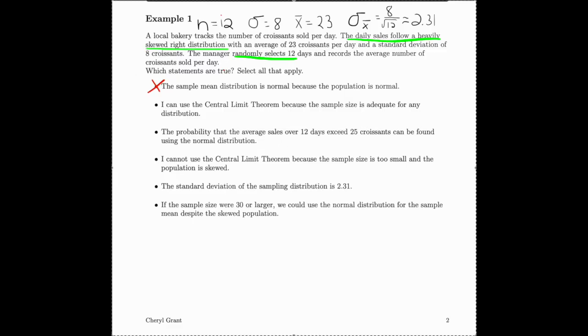Okay, let's look at the second statement. The second statement says, I can use the central limit theorem because the sample size is adequate for any distribution. Again, this is false because we have heavy skewness, so we need a large sample, and that means we need 30 or more, and in this case, we don't have that. So I'm going to mark this as false.